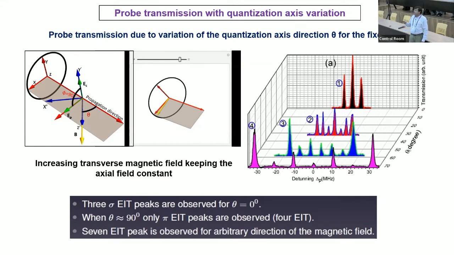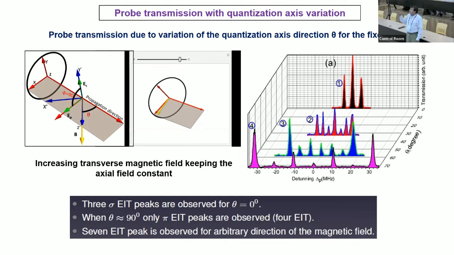And in between, for any arbitrary direction of the magnetic field, you can see that the pi peaks come out from the sigma at some point, then the pi peaks keep growing. And then over here, actually you can only get the pi peaks, but not the sigma peaks.